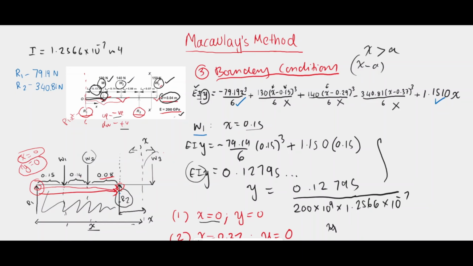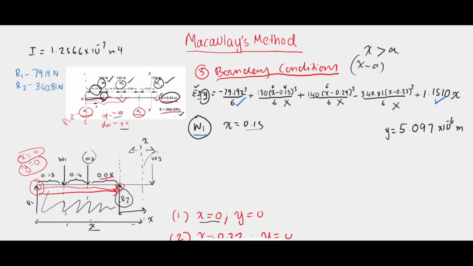That will give us a deflection of y equal to 5.097 times 10 to the power of minus 6 meters. So now we know at W1, when x is equal to 0.15, the deflection is this. So I'll write that in over here as well.